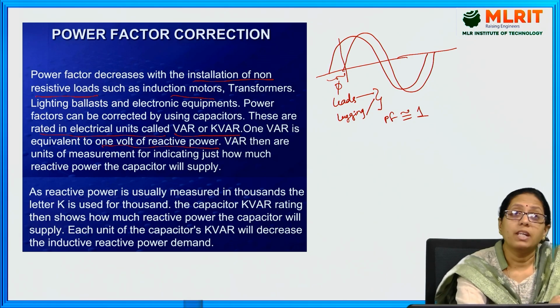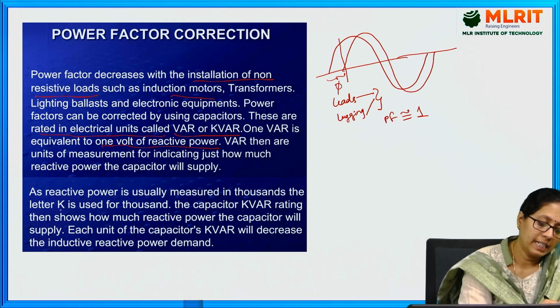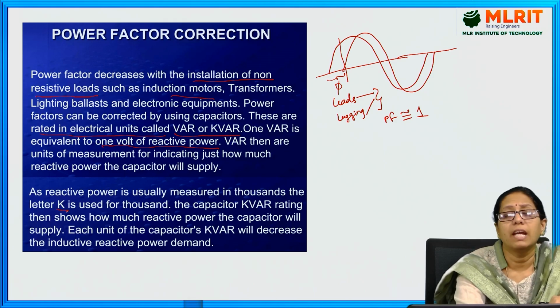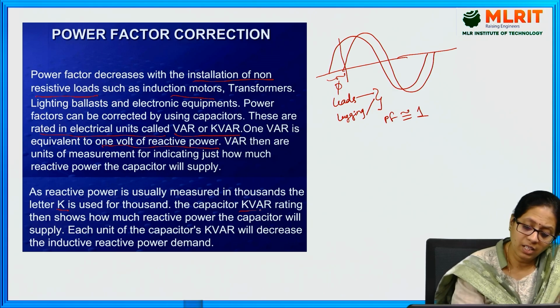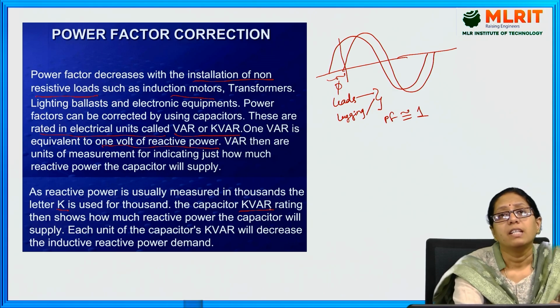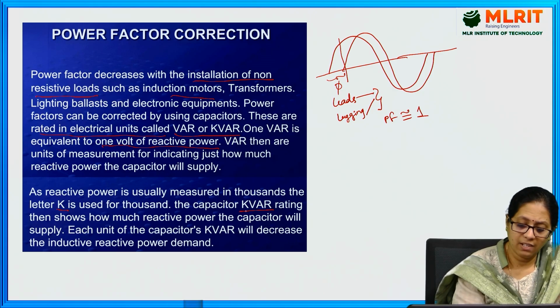Reactive power is usually measured in thousands, that is K, 10 power 3. And the capacitor KVAR rating also has the K value, that is 10 power 3.